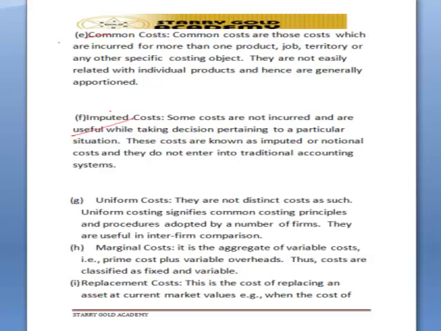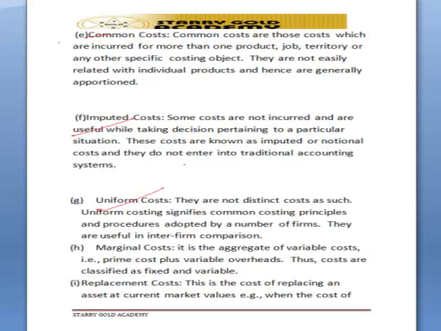Now we also have what we call uniform costing. They are not distinct costs as such, so there is not a new cost per se. Uniform costing signifies common costing principles and procedures adopted by a number of firms.